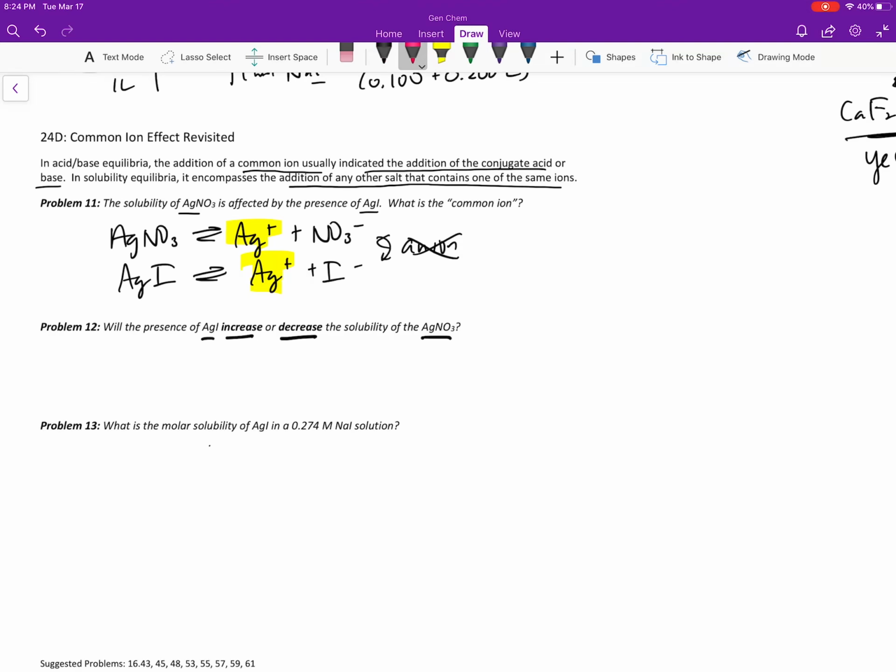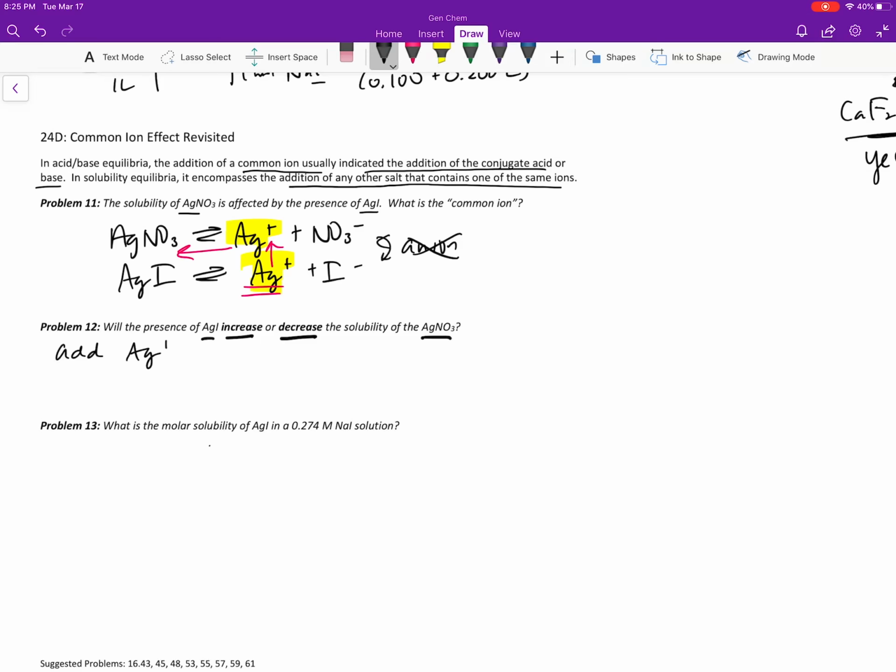Well, in this case, if we are adding Ag+, what that means is it's going to increase the concentration of silver plus, which, if you remember Le Chatelier's principle, meant the reaction was going to shift to the left.